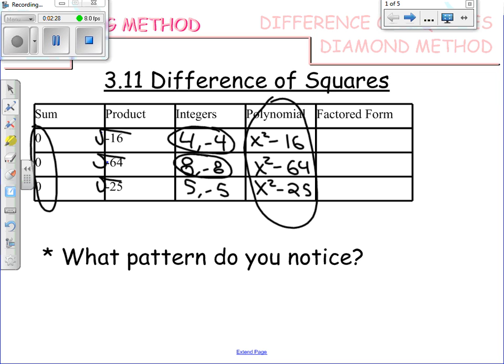What if we had 36 here? 6 and 6. 6 and negative 6. 6 and negative 6 adds up to be 0. 6 times 6 multiplies to be 36. But it doesn't work, does it?